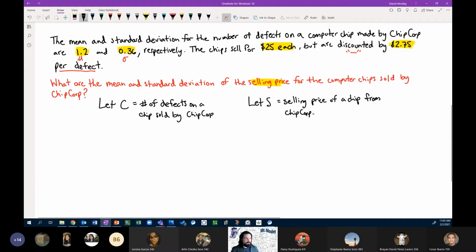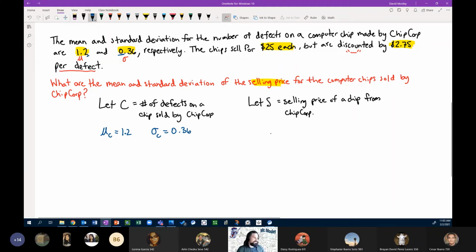These are our two random variables we're going to use. We know already that the mean of C equals 1.2 and the standard deviation of C equals 0.36. That's the given information that we got up here. We're going to need those.